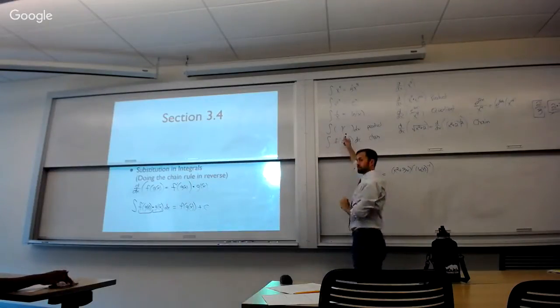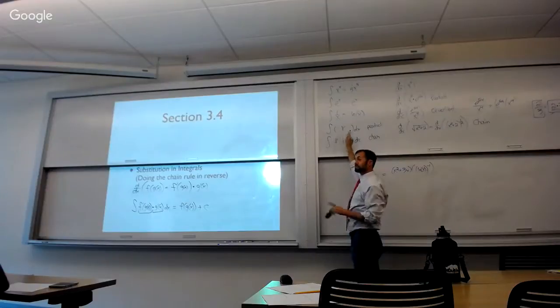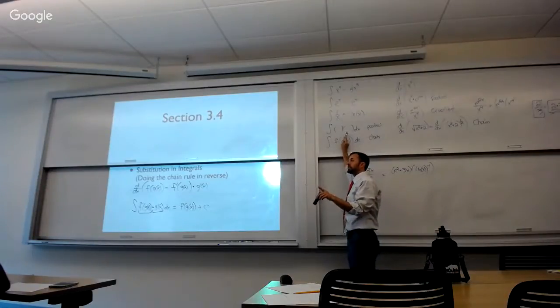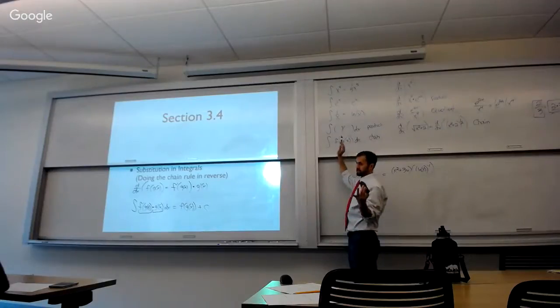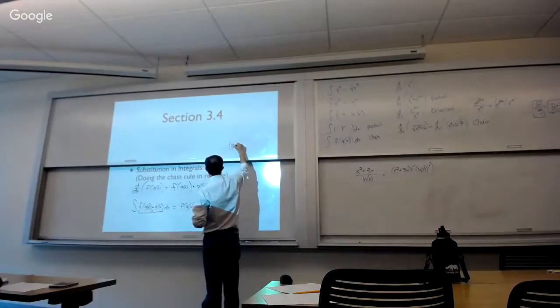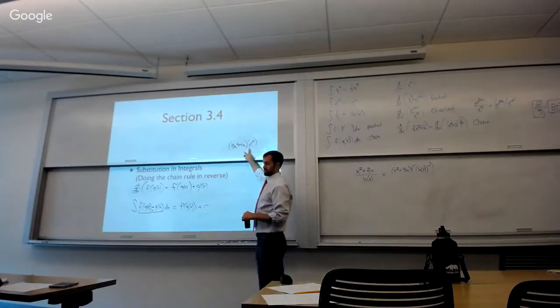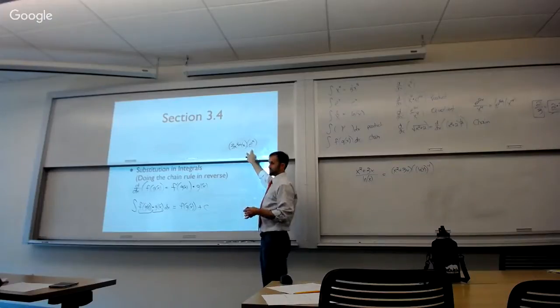That's what we're kind of hoping for. So what we're saying now, leading into this section 3.4, is that we are able to take the integral of certain products that were the result of a previous chain rule. So not every product. Right now, if I gave you the product 3x squared plus 4x times e to the x, that is a product, but that product is not the result of the chain rule. So right now we would just be stuck. We wouldn't have a way to solve this thing. Okay?